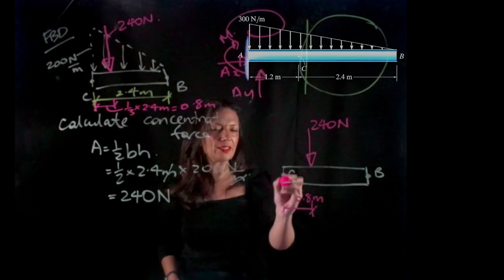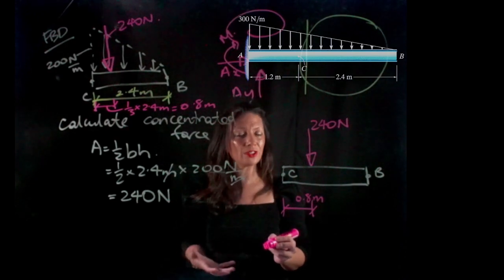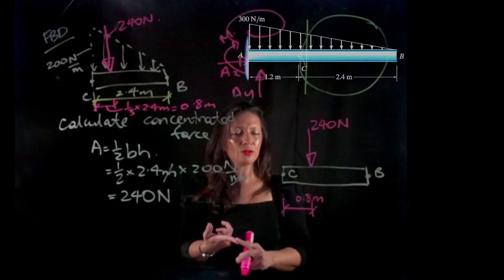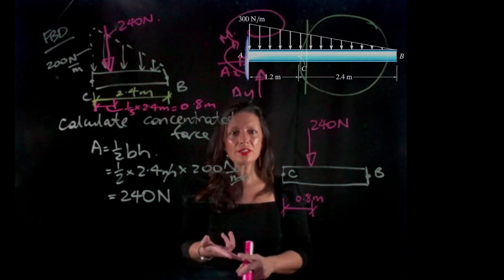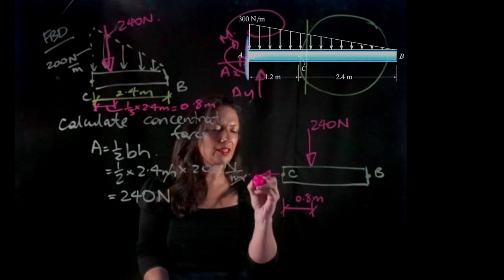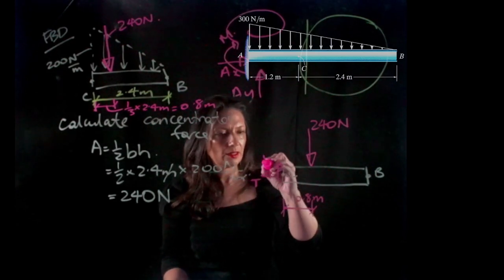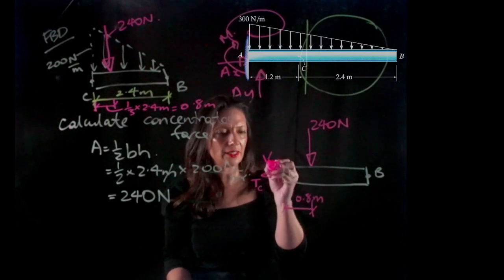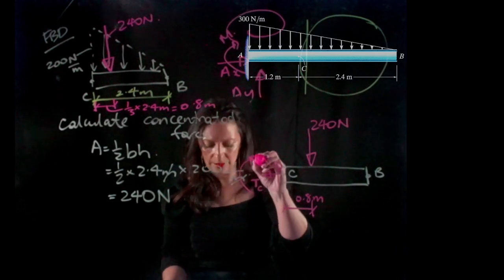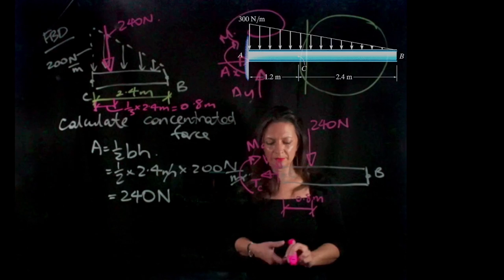And what do I have at C? I have internal loads, and my three internal loads are tension, or the normal force, the shear force, and the bending moment. So I'm going to have the tension, the shear force, and this is all at C, and the bending moment at C.